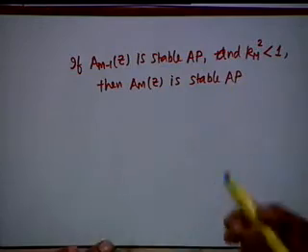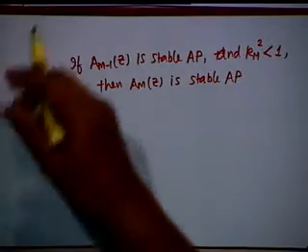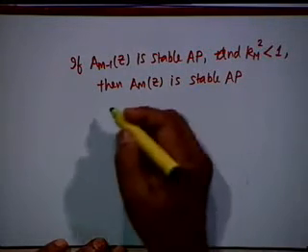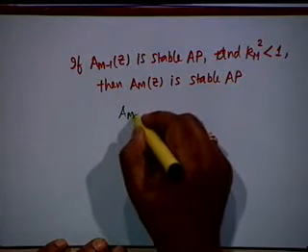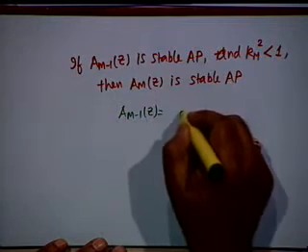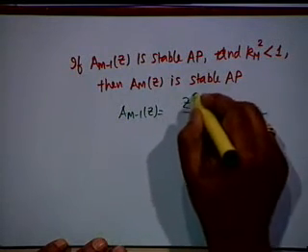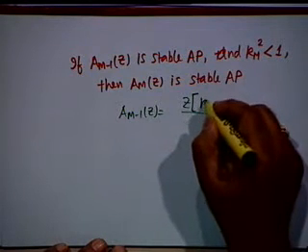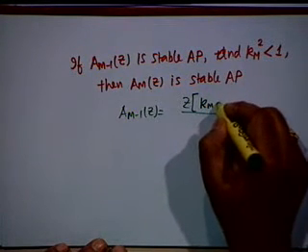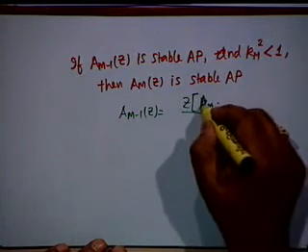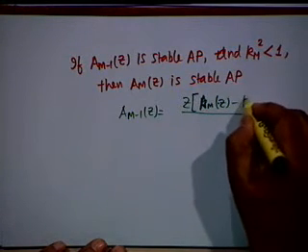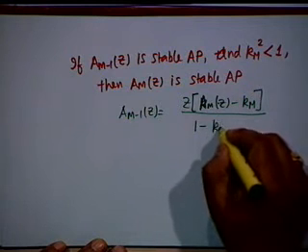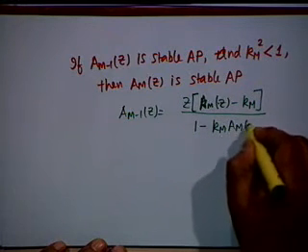Now, let us see if we can do this. Our defining relationship was A_{M-1}(z) equal to, remind me if I drop that factor z, z times, no, A_M(z) minus K_m divided by 1 minus K_m A_M(z).